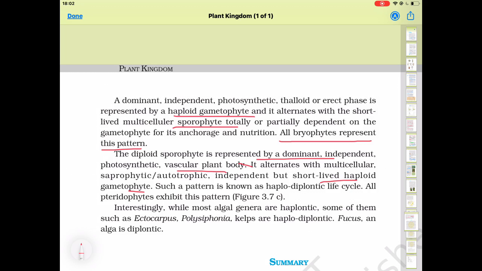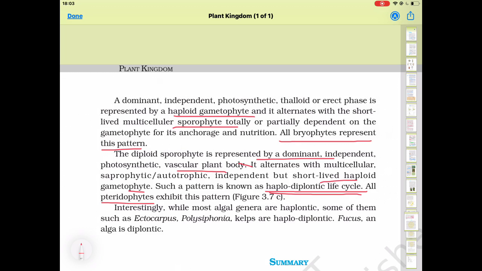Such a pattern is known as haplodiplontic life cycle. All pteridophytes exhibit this. So already I have explained that in pteridophytes, the dominant phase is sporophytic and the same cycle, haplodiplontic life cycle. You have studied in pteridophyta. You can draw that diagram also if you feel this diagram is difficult.